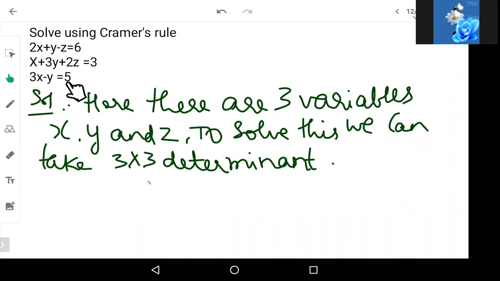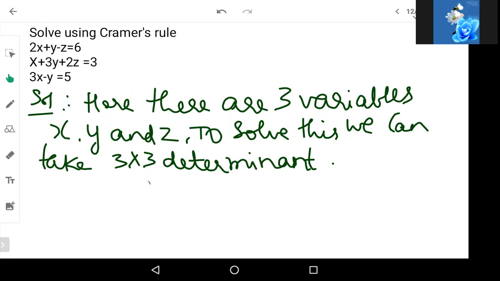Now in the previous question that we solved, you only had two equations and two variables, that is x and y. Now in this question, you have three equations and three variables. So we are supposed to solve this with Cramer's rule in 3 into 3 matrix.